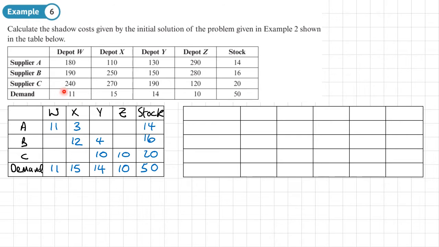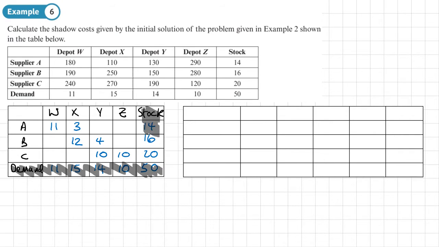Now this part of the algorithm, the shadow cost, just involves the cost. So in this table we're going to put in what the costs were for the cells that we've used. We start by writing in the costs in the cells that we've used, and actually we don't need the demand or stock.